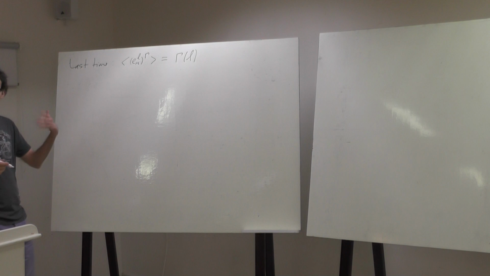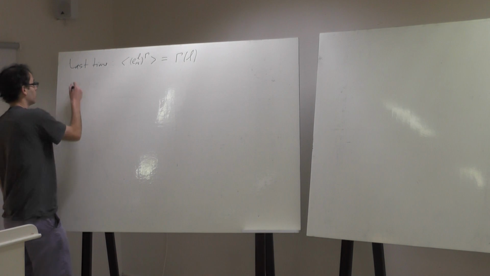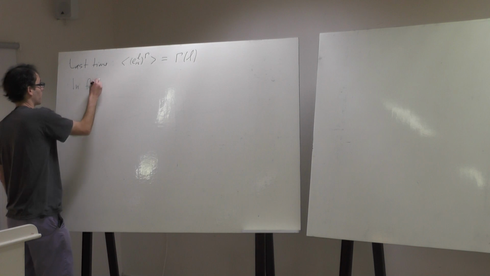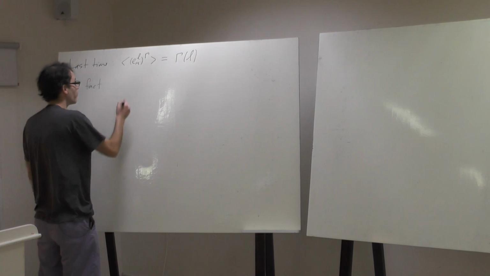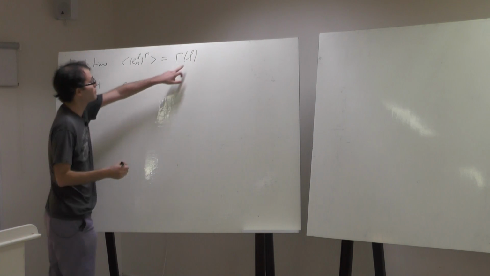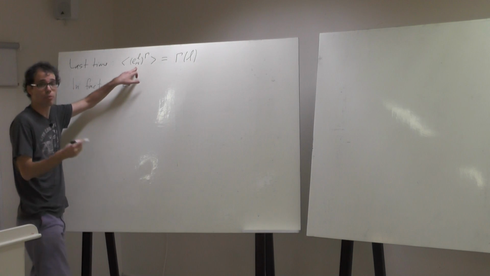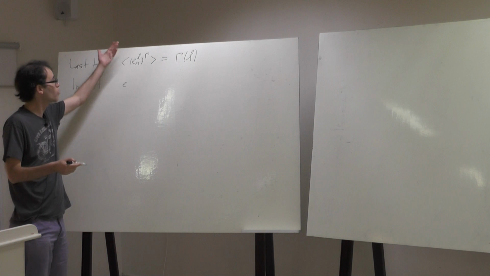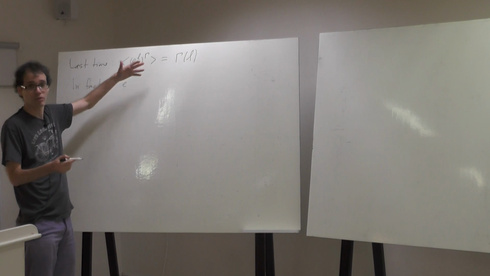But in fact, you can make this statement more quantitative. Every element here can be represented as a product of conjugates of the Lth power of E12.